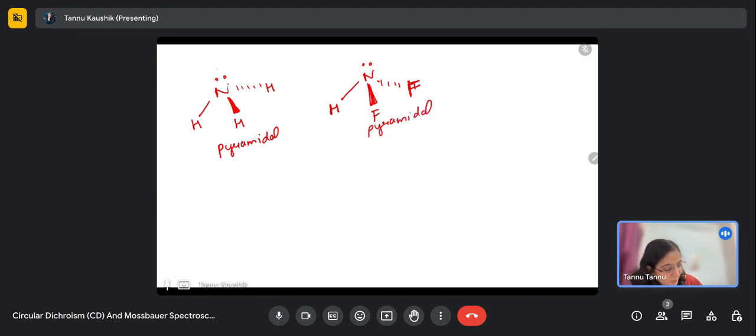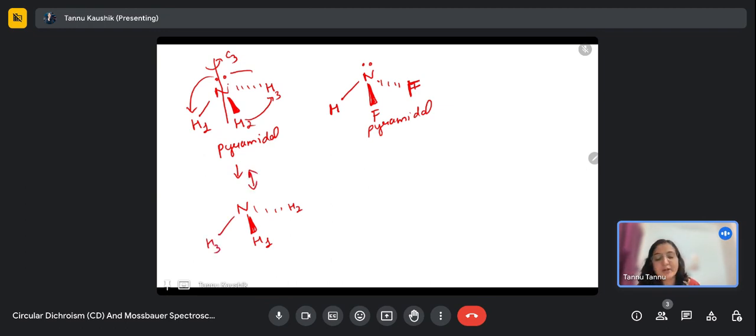When you rotate this molecule by C3, that is 120 degrees, H1, H2, and H3 go to H1, H2, and H3. This is the equivalent configuration you get on a C3 axis of rotation. But here, if you do this C3 axis of rotation, what will you get?